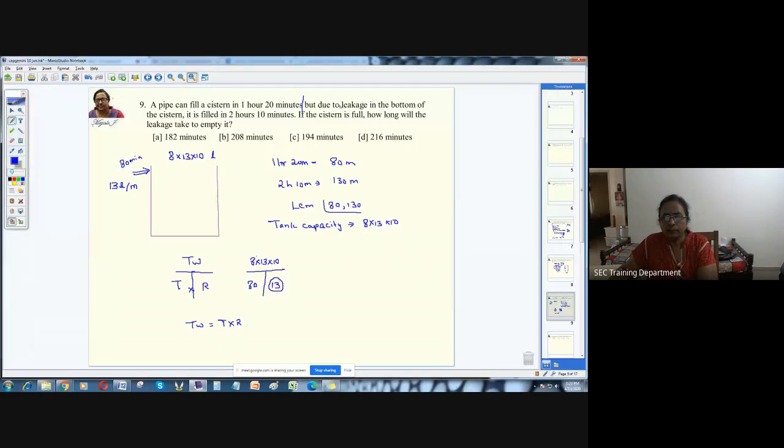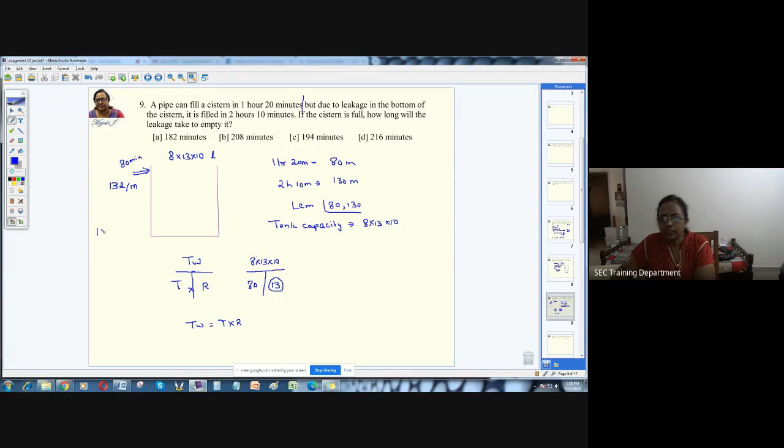You are not jumping to the second sentence. We are only doing the first sentence. In the first sentence, it's given that as per the assumption, we have taken the tank capacity as 8 into 13 into 10. And that gets filled in 80 minutes. So when I divide this, I'm getting 13 as the answer. So this 13 is nothing but every 1 minute it is going to fill 13 liters.